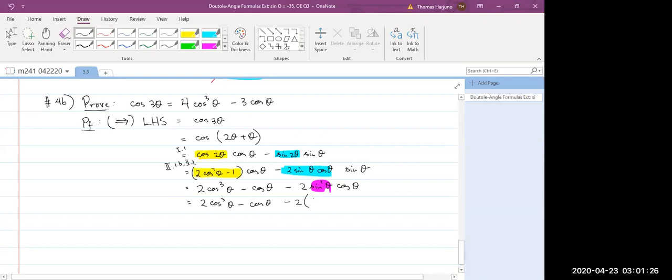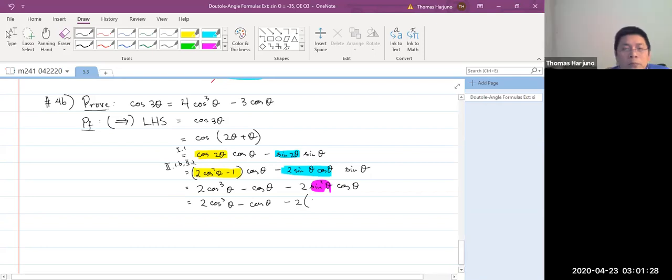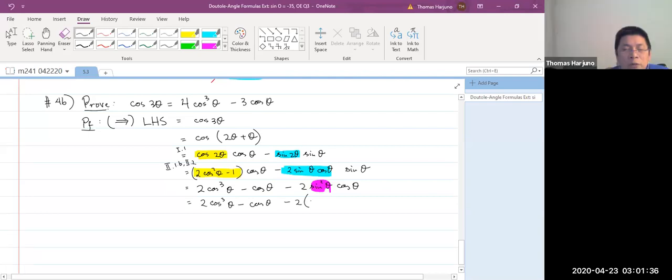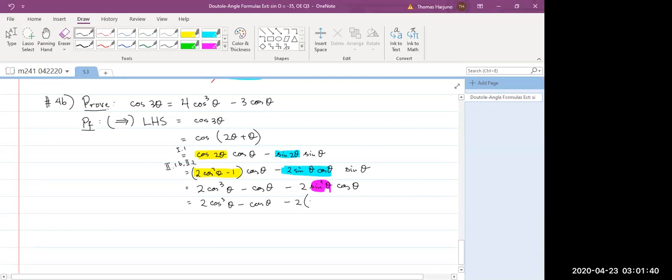Pythagorean identity. The first one: cosine squared theta plus sine squared theta equals 1.